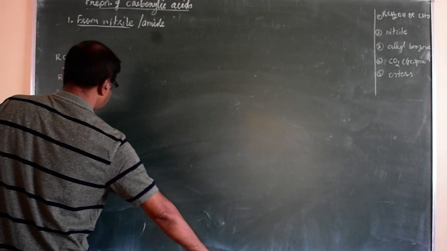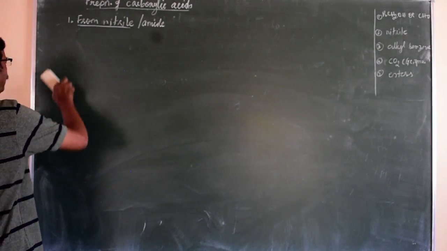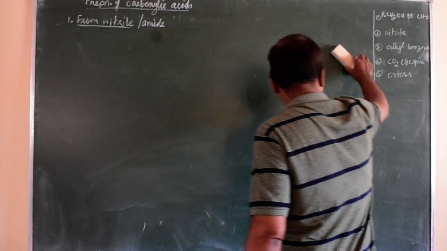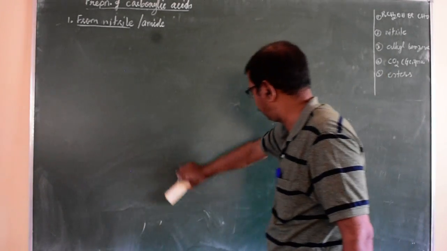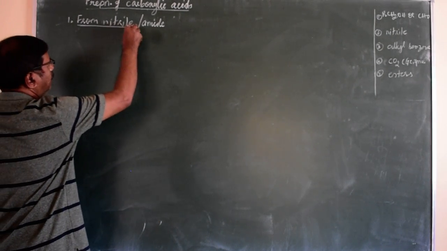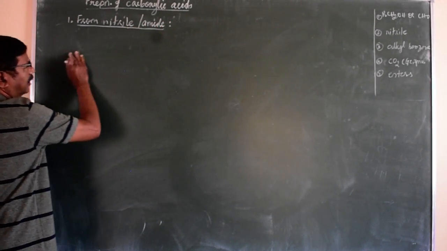Here, on hydrolysis, generally you use acidic medium. So acid hydrolysis of nitrile gives amide, which further undergoes hydrolysis to give the carboxylic acid.